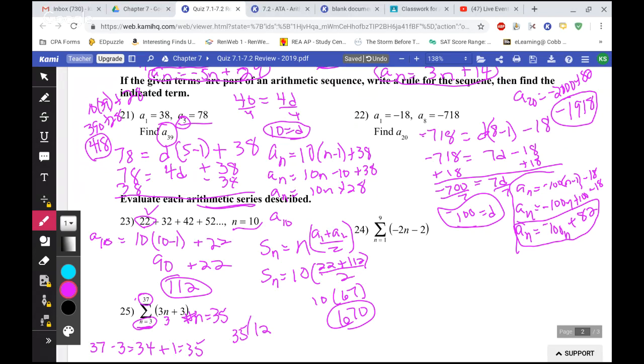So I've got 35 times 12 plus the value of the 37th term, which is 114, all divided by 2. So that's going to be 126 divided by 2, which is 63. And 35 times 63 is 2,205.